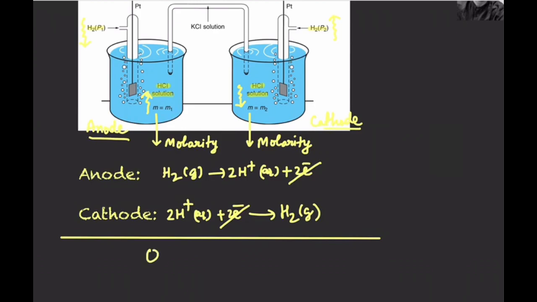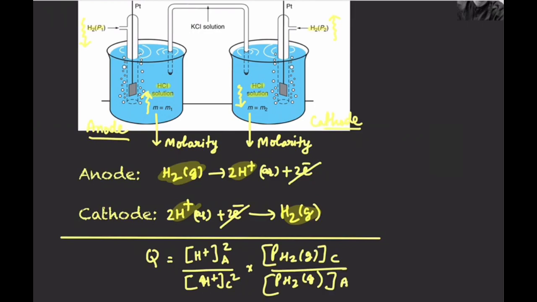So because of that we have to write that the reaction quotient for this galvanic cell is equal to the concentration of H plus ion at anodic compartment whole square divided by concentration of H plus ion in cathodic compartment whole square multiplied by the pressure of hydrogen gas in cathodic compartment upon pressure of hydrogen gas in anodic compartment.